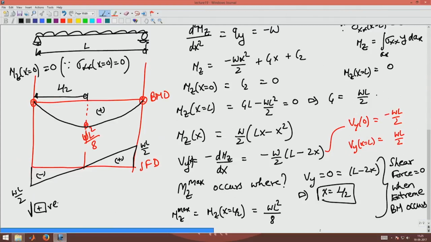This negative meaning it is acting upward there, which is right because I am applying a downward force, so the resultant will be an upward acting force. On this face, this is a positive shear and the reaction forces are acting upward there. So that is why the sign of the shear force changes from the left end to the right end.